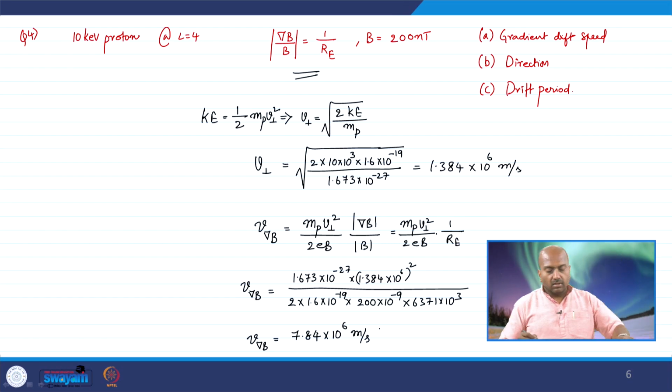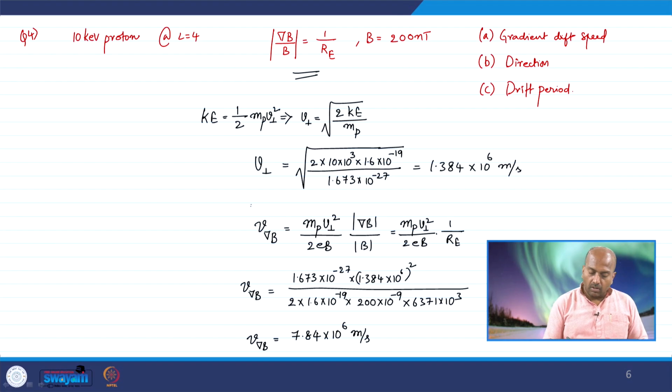Now, whatever is being asked here is fairly simple, except that you should be able to write down and understand what is given, and then make suitable substitutions into the formula. If you don't remember this formula, you cannot do this problem.